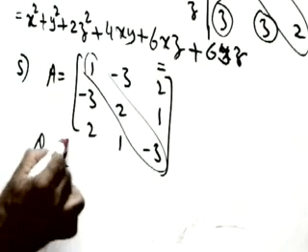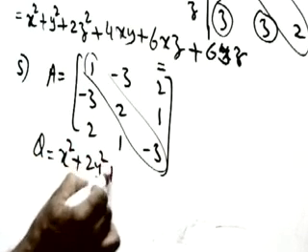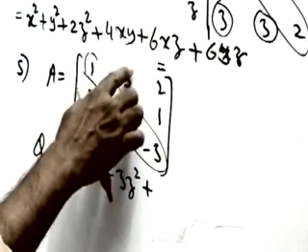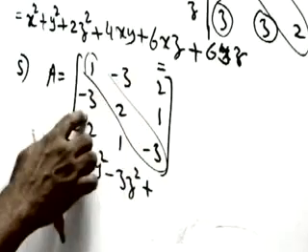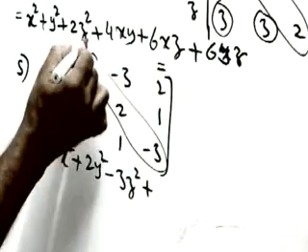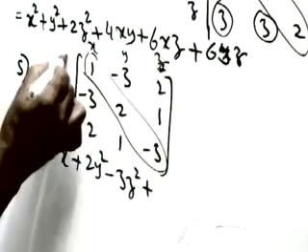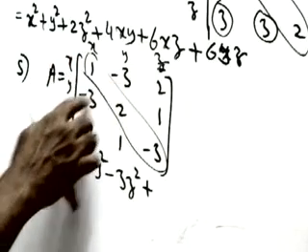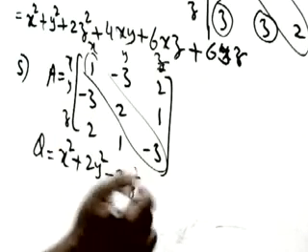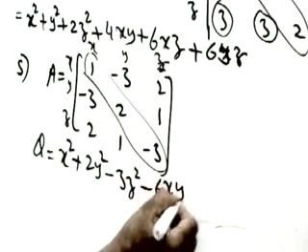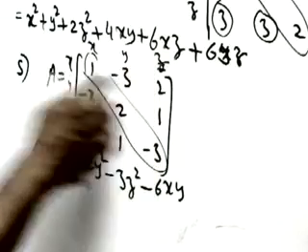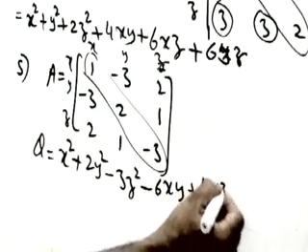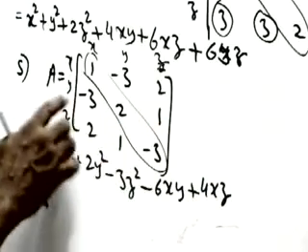So we can write Q equals x squared plus 2y squared minus 3z squared, plus the xy term. Here the coefficient of xy must be doubled, so this will be minus 6xy. Next is xz, so we double this: 2 means 4, so 4xz.